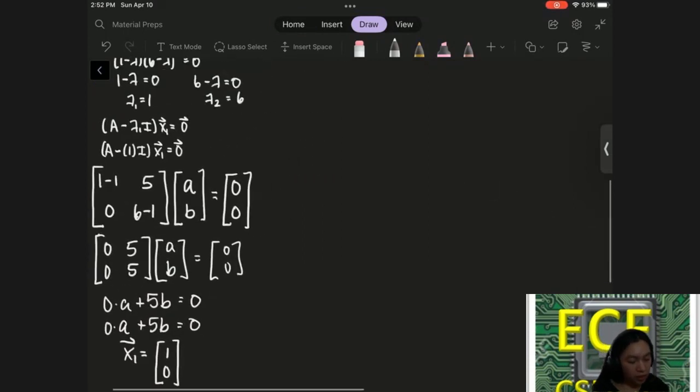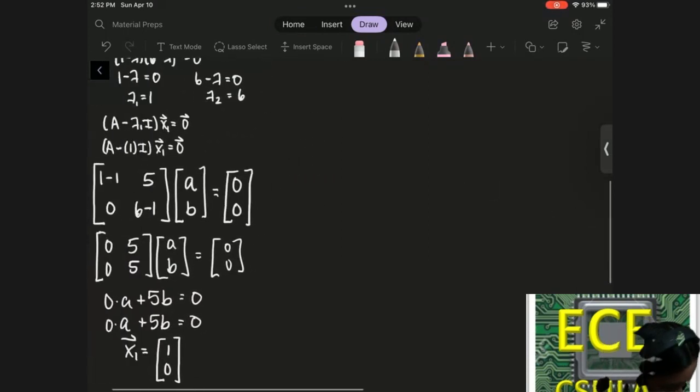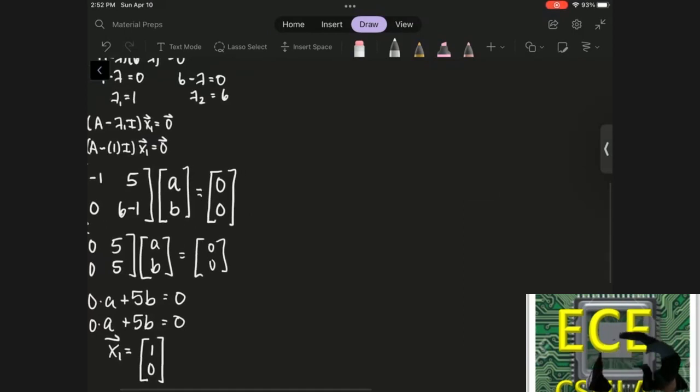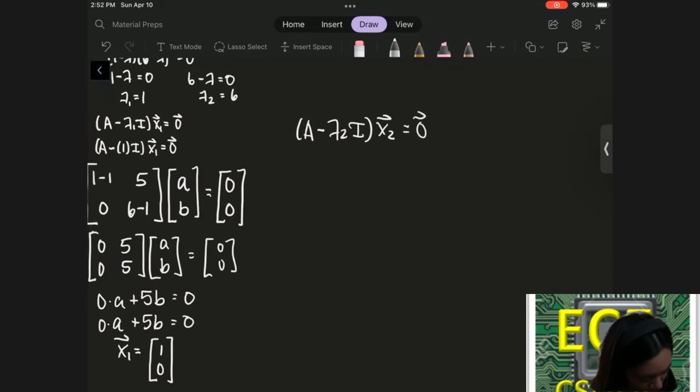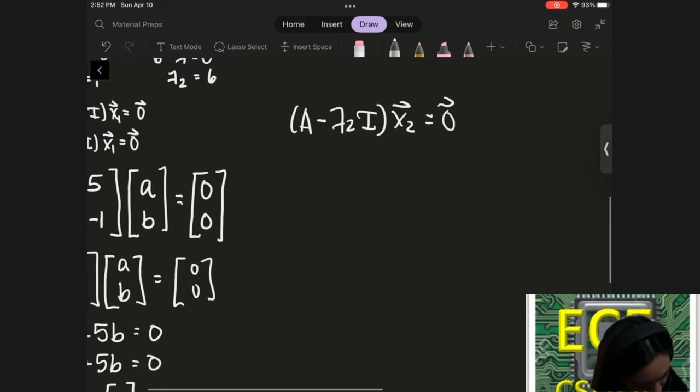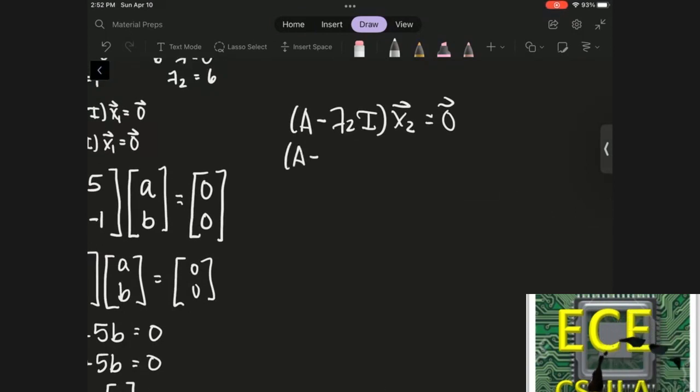On to our second eigenvalue. Again, A minus lambda 2 times the identity, times x2, equals the 0 vector. Our second lambda was 6, so it's A minus 6 times the identity matrix, times x2, equals the 0 vector.